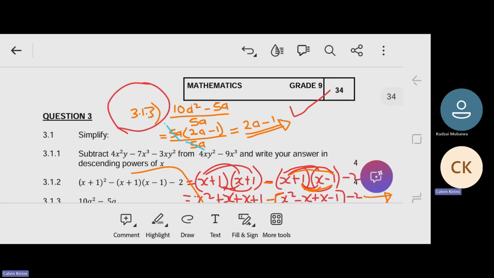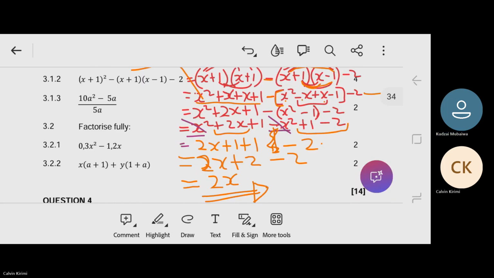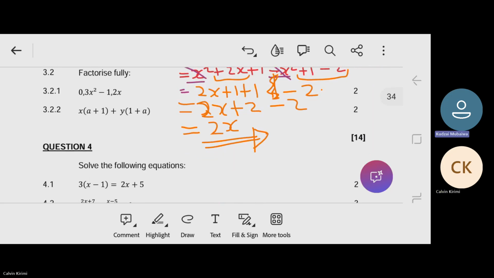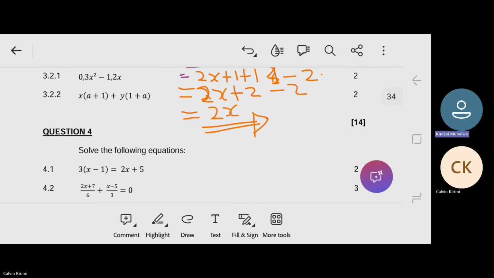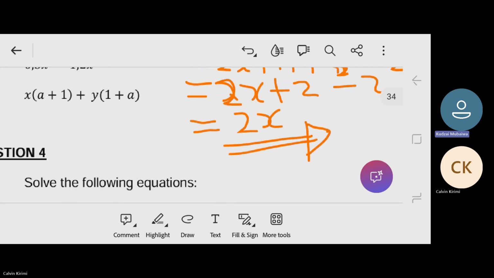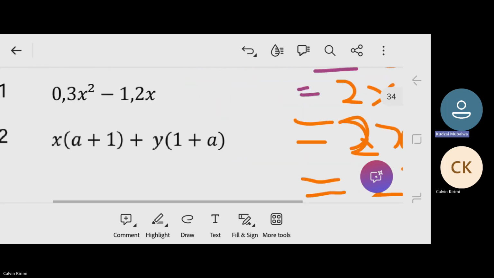Then let's do the next one, which is 3.21. What was your answer first for 3.21? I got x bracket 0.3x minus 1.2.